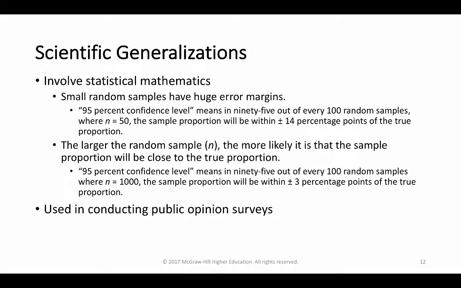However, as the random sample size gets larger, the margin of error decreases, and the sample is more representative of the entire population. So 95% confidence level means in 95 out of every 100 random samples where the sample is 1,000 rather than 50 as in the last example, the sample proportion will be within plus or minus 3 percentage points of the true proportion.